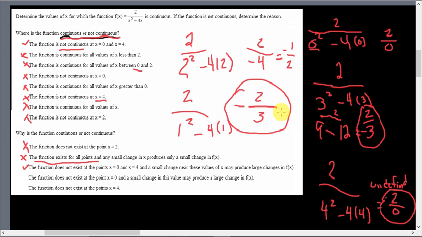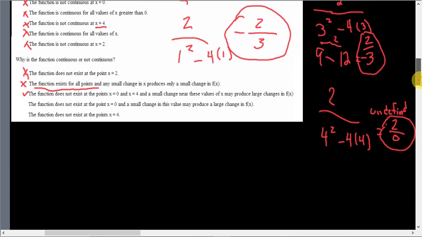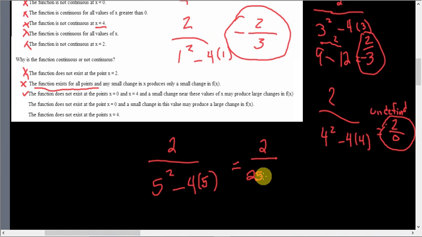We could take 5. Let's see, that's close to 4, but 4 we've already found out doesn't work. So if we did 2 over 5 squared minus 4 times 5, that equals 2 over 25 minus 20, and that's equal to 2/5, so that's a small change in y.